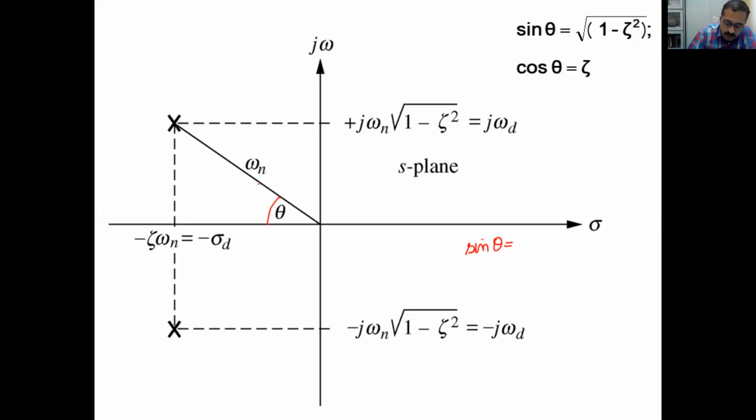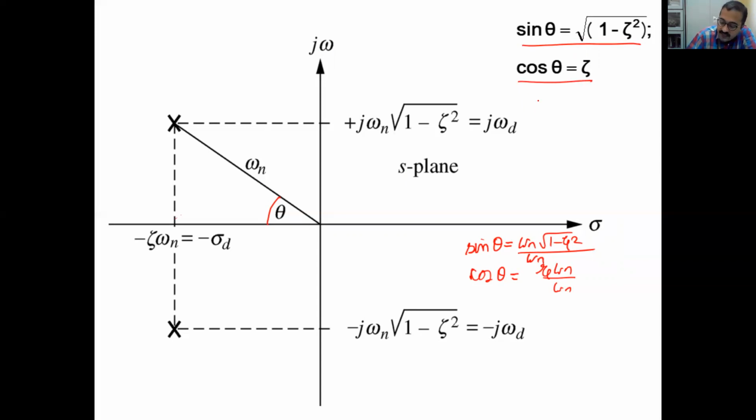The opposite side is this height, omega n into root of 1 minus zeta square, and the hypotenuse is omega n. That means sin theta is root of 1 minus zeta square. What is cos theta from this triangle? Adjacent side, this length, is zeta omega n divided by hypotenuse omega n. That means cos theta is zeta.